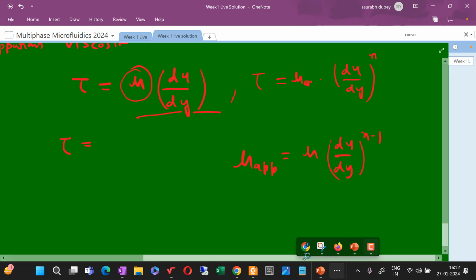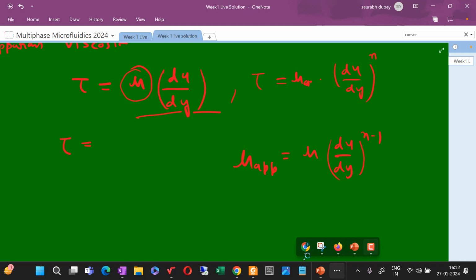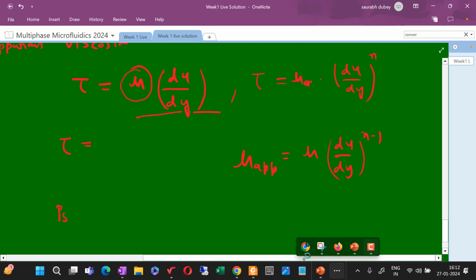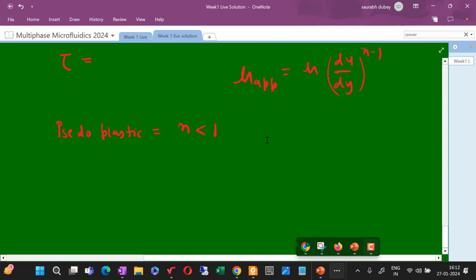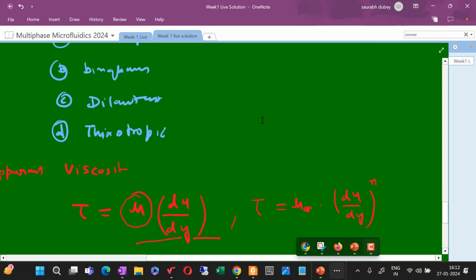For pseudoplastic, n is less than 1; for Newtonian, n equals 1; and for dilatant, n is greater than 1.